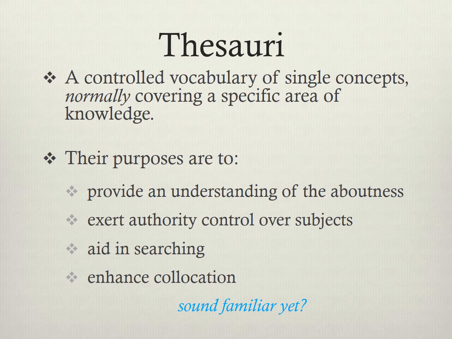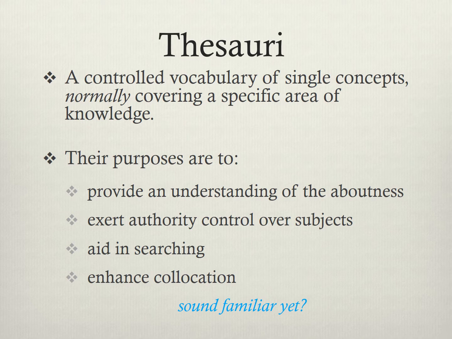So these are usually identified, not always, but usually identified by standard relationship indicators such as BT, NT, RT, USE, and UF for use for. So broader terms, narrower terms, related terms, and then use and use for indications.